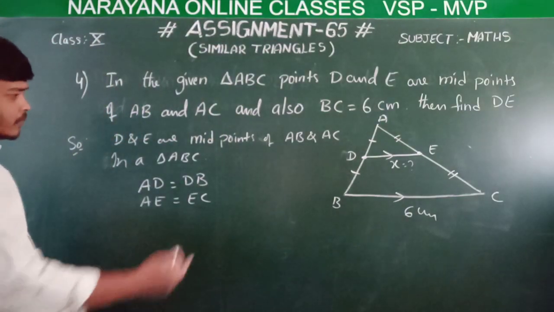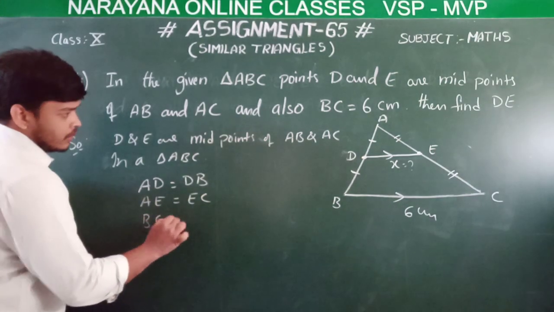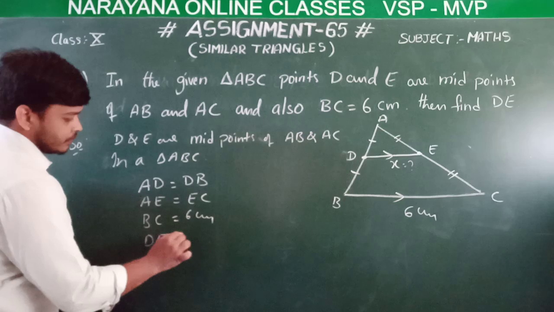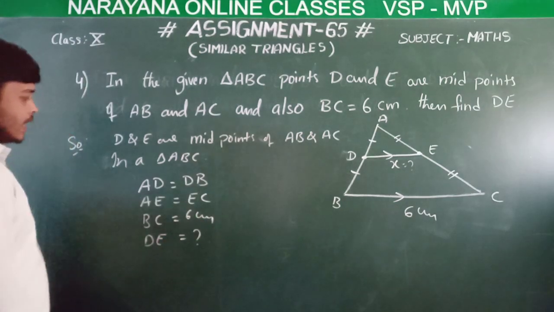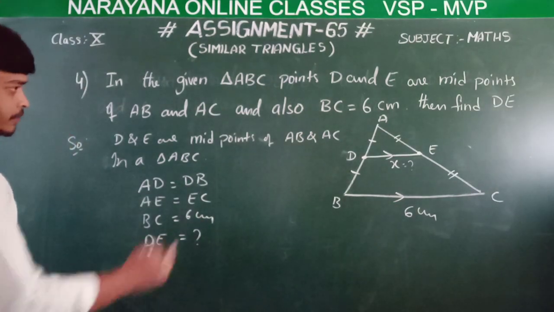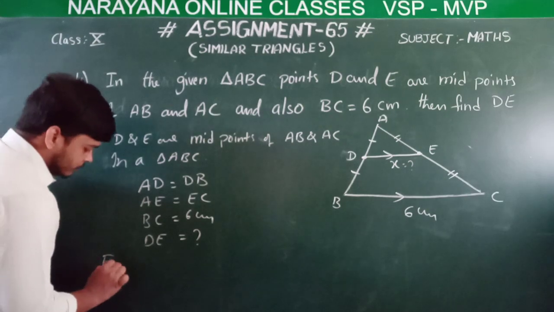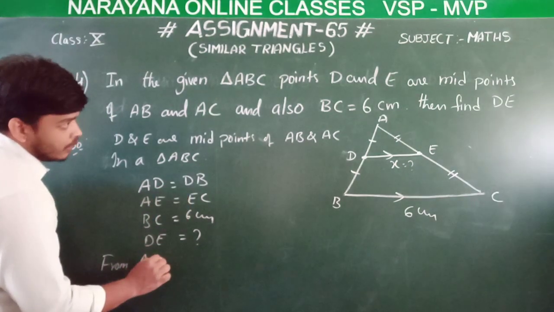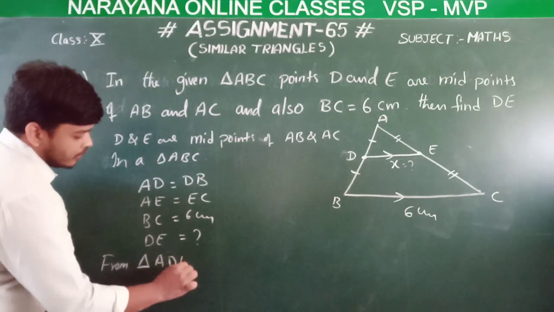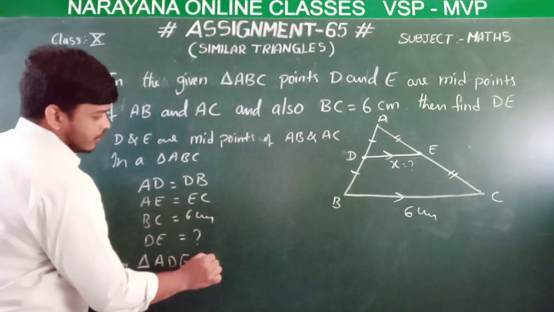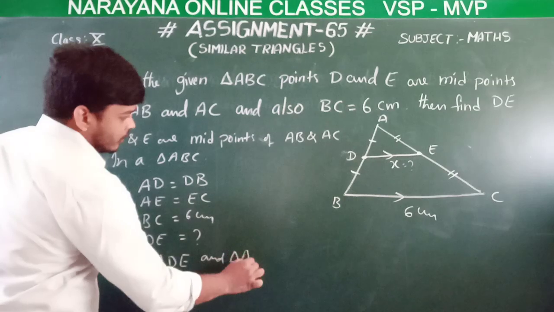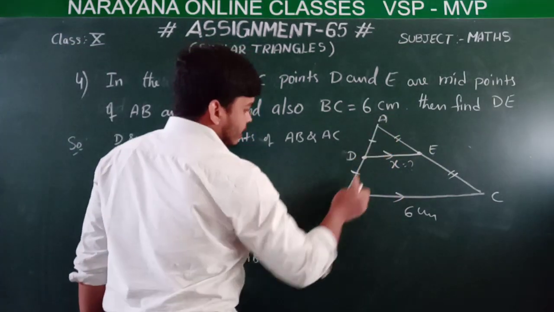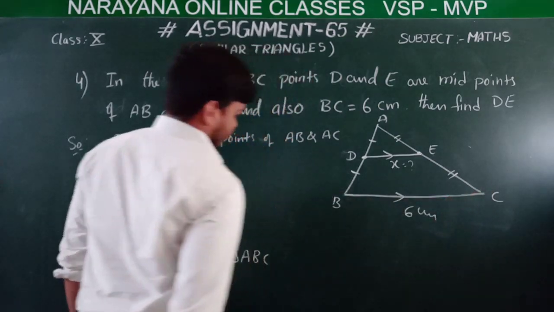Now BC is given, that is 6 centimeters, and we need to calculate DE. See children, here from triangle ADE and triangle ABC, first I am considering ADE and ABC.